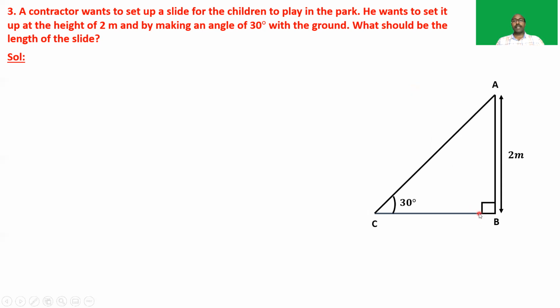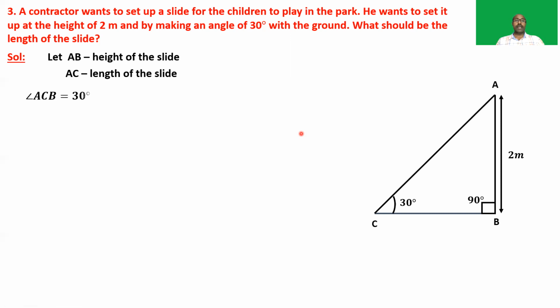Here the angle is 90 degrees. So let AB be the height of the slide, AC be the length of the slide, and given angle ACB is 30 degrees and height AB is 2 meters.